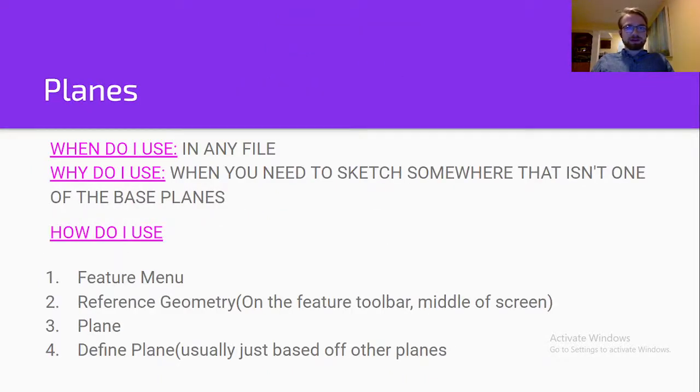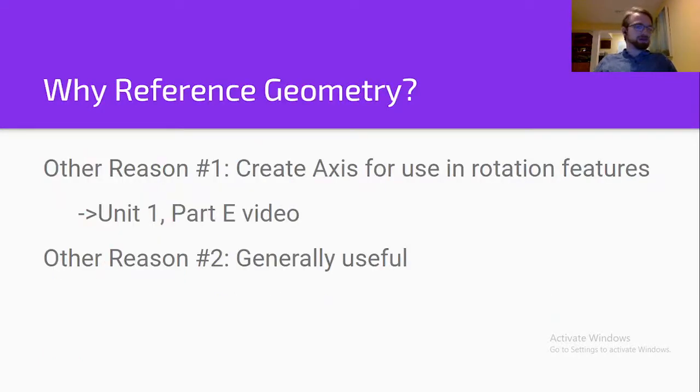So planes are the main reason, but let's talk about some other reasons that you might want to use reference geometry. One other big reason is creating axes. In that menu, you probably saw when I selected reference geometry, there were planes, axes, points, and coordinate systems.